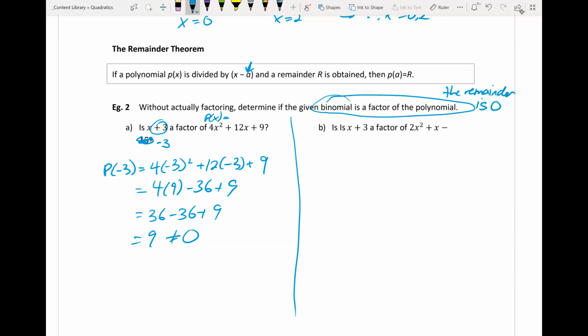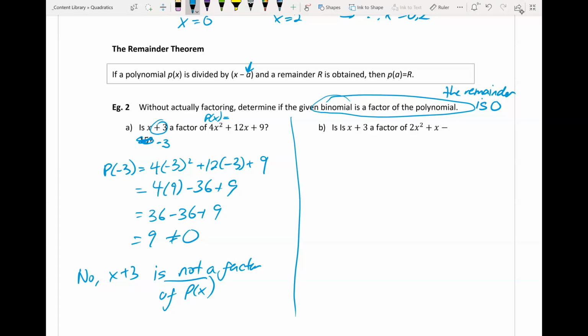In this case, we have a remainder of 9. So that means x plus 3 is not a factor of p of x, because you have a remainder of 9 and not 0.